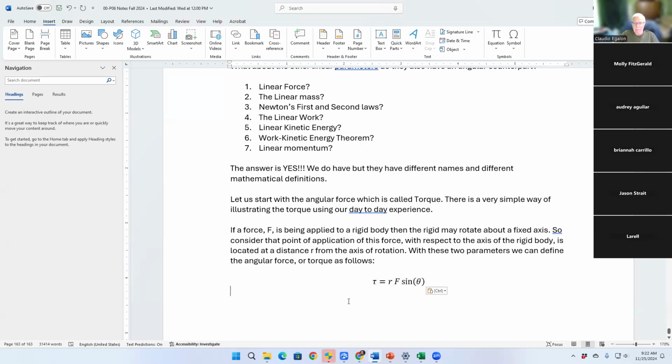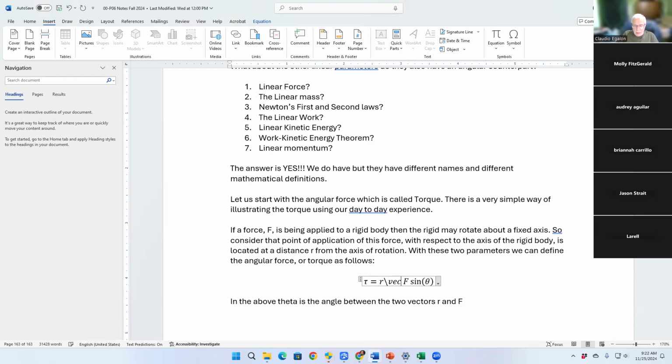Okay? In the above, theta is the angle between the two vectors R and F. Even better, I'm gonna put in vectorial notation, okay?